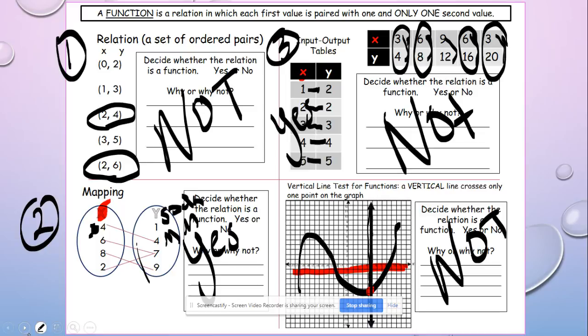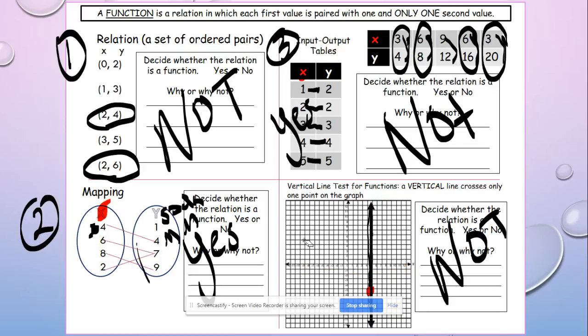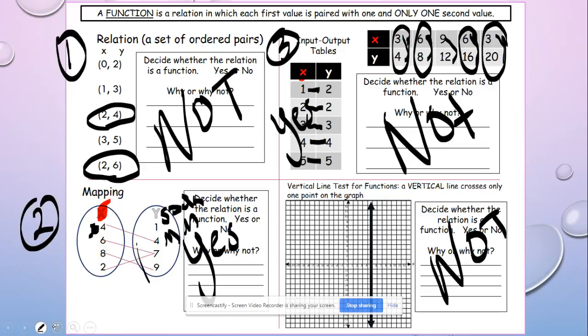This would be the same case if we looked at another line. So let's erase what we have. We'll use the vertical line that's on there, and let's look at another scenario. So in this scenario, let's say we have a graph that looks like this.